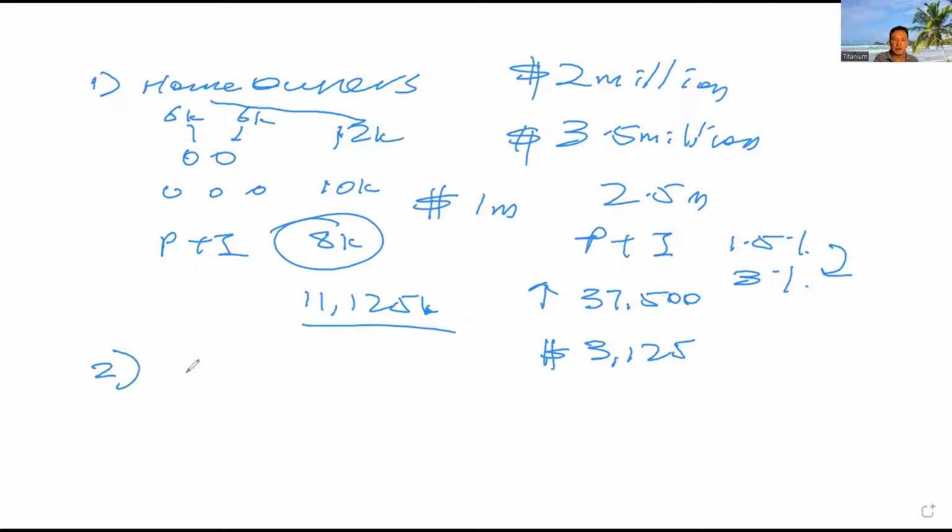Now the second group is investors. If you have 75% LTV, and your rental is, let's say, overseas in the United States, you can get as high as 5 to 7% net rental, UK as well, and the mortgage could be 4 to 6%. I think you're fine.